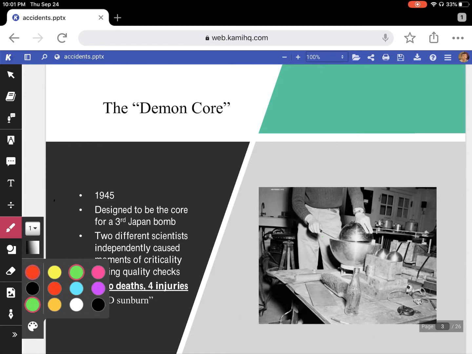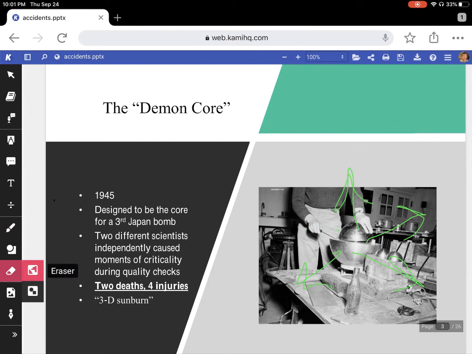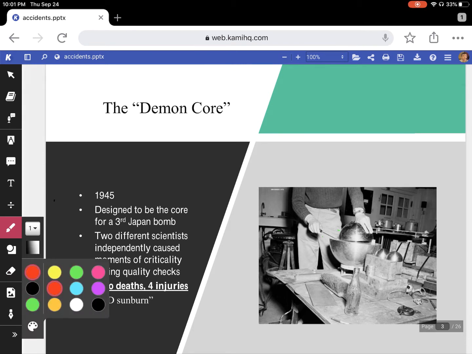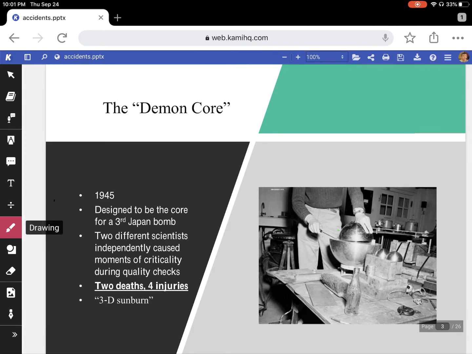And so there was supposedly this big flash of light that came out of it. There were a few people in the room, and those people were momentarily exposed to acute high doses of radiation. Two of them died. Four of them suffered serious injuries in what was described as a 3D sunburn.